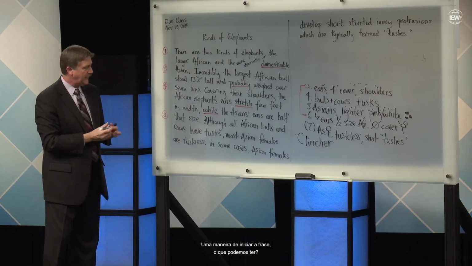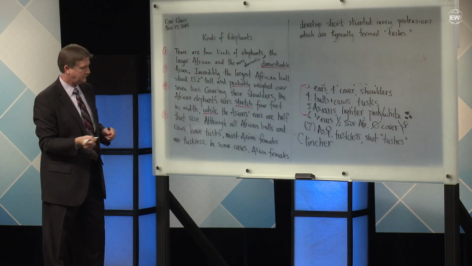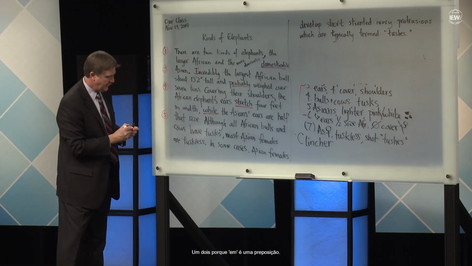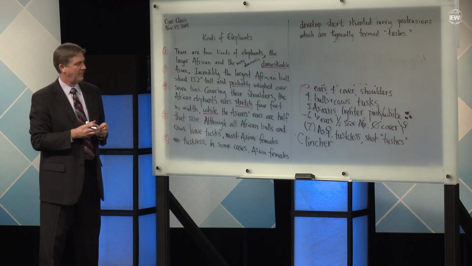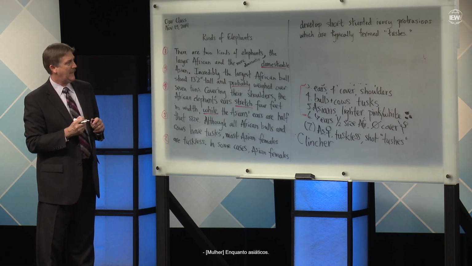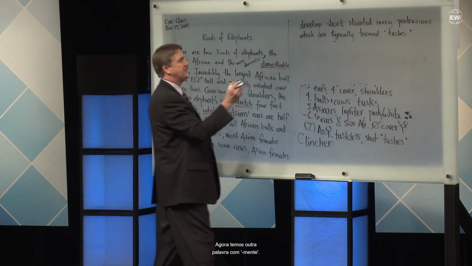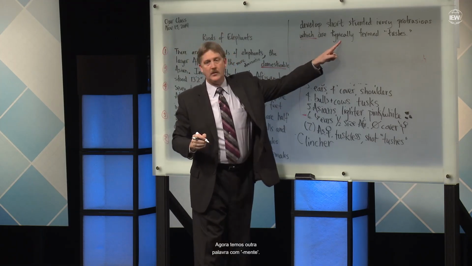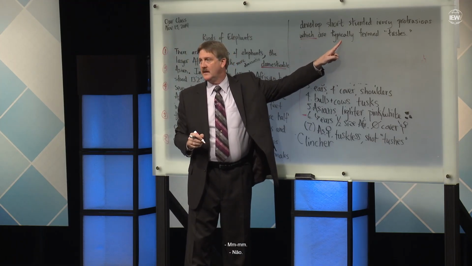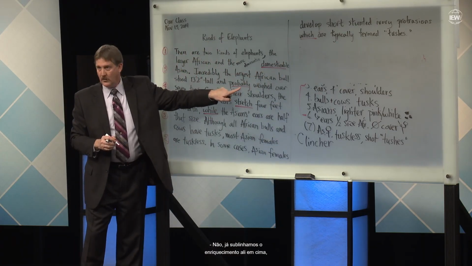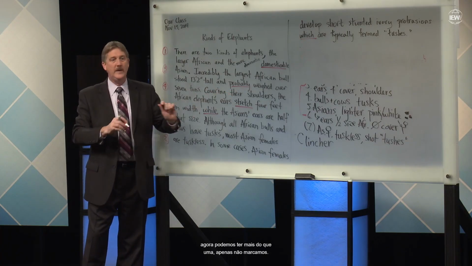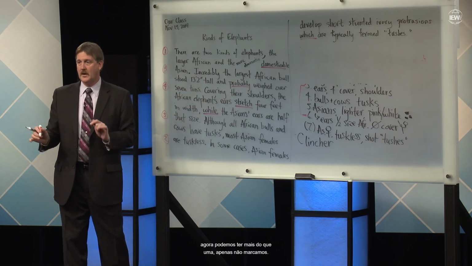Now, sentence opener, what do we get? A 2, because in is a preposition. We got one more dress-up. What was it? Who, which. The who-which. Now, we have another LY word. Should we underline that? No. We already underlined one LY dress-up here, so we can have more than one, but we just don't mark it.